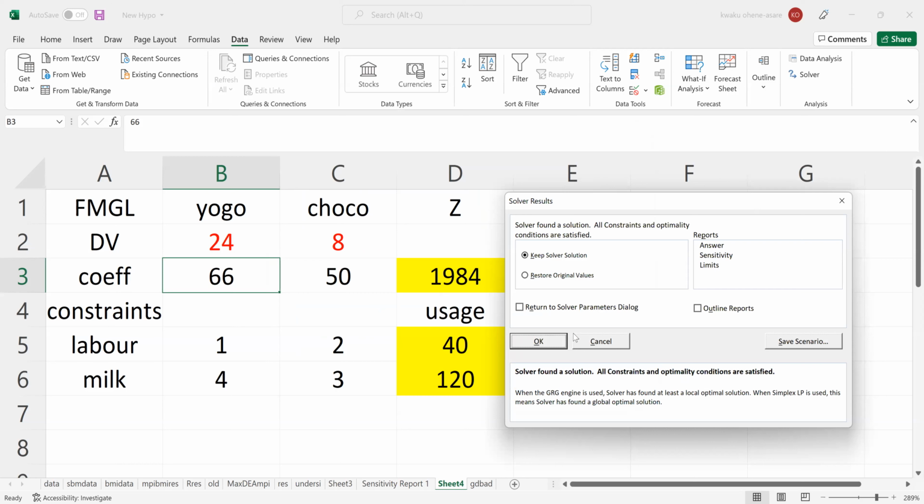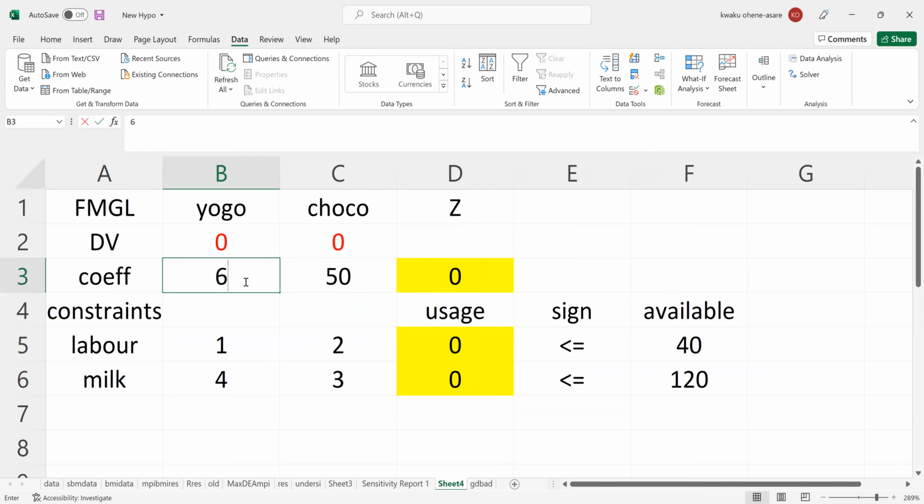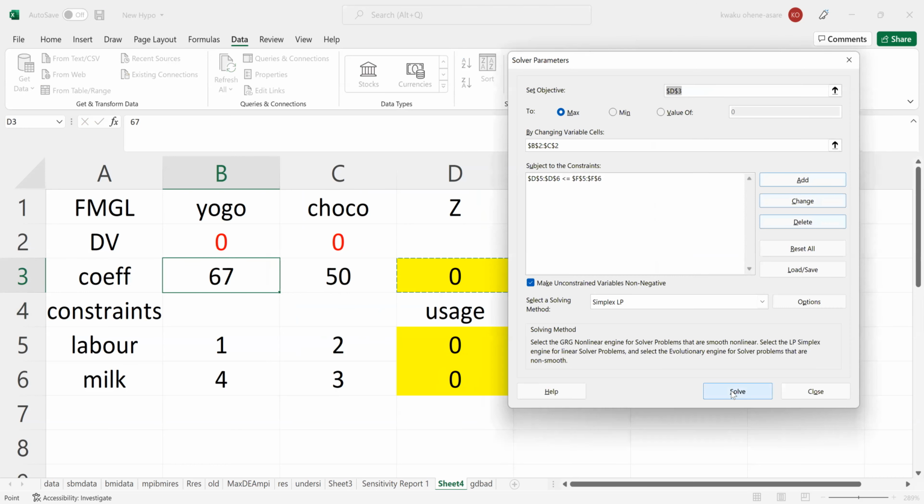But let me move it to 67. Ooh, 67 is critical because it's decimal. It is just, not even by 1, it's just by like 30%. I've never tried that before. Let's see. Okay, it's past it though.